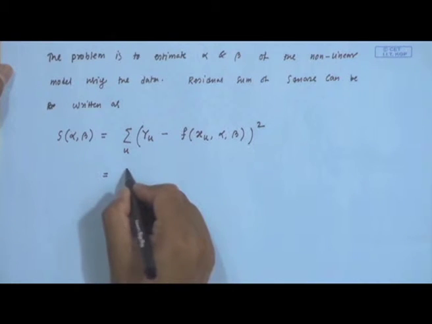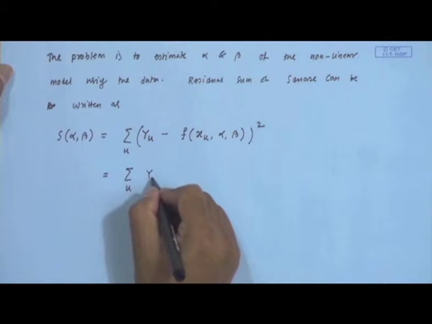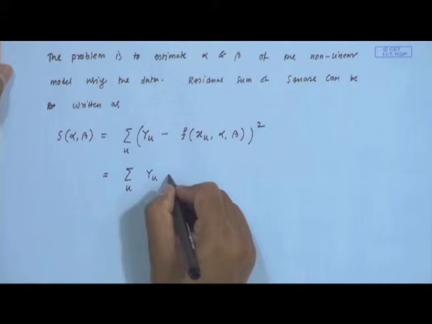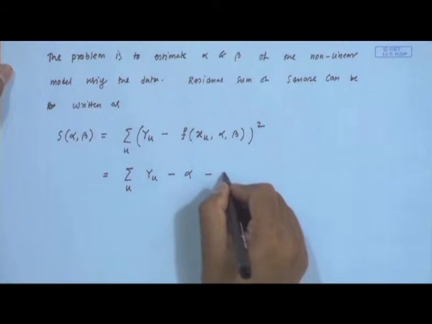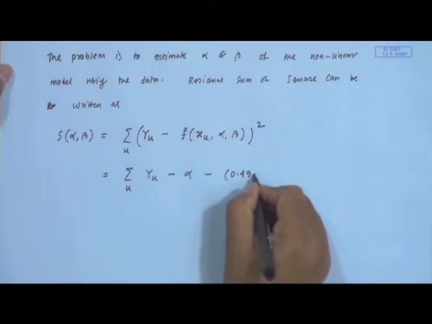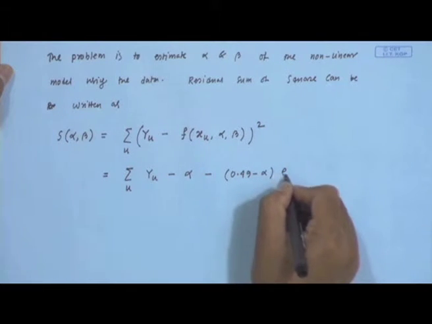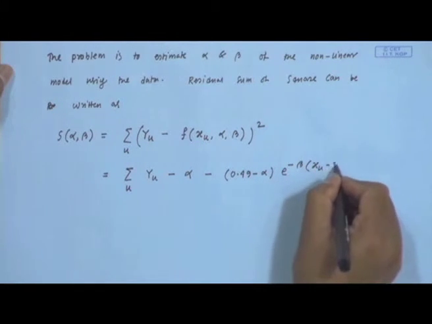So, I can write this as y_u minus alpha minus 0.49 minus alpha e to the power of minus beta times x_u minus 8.